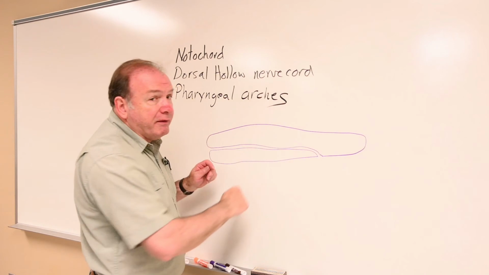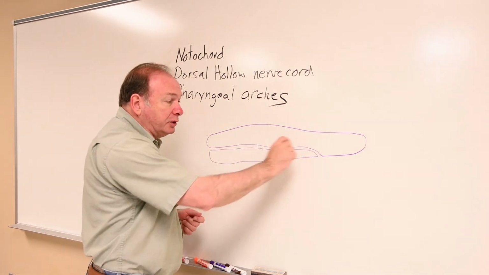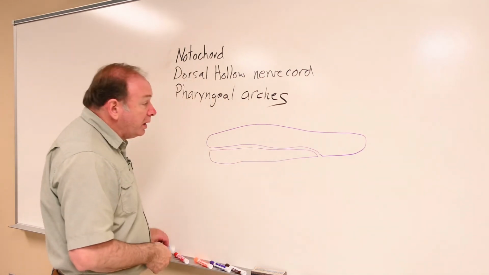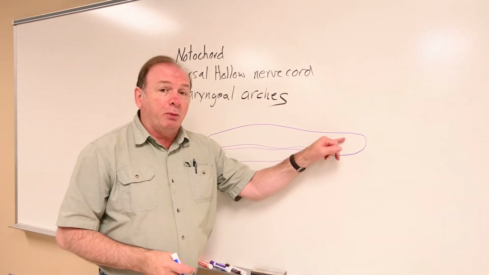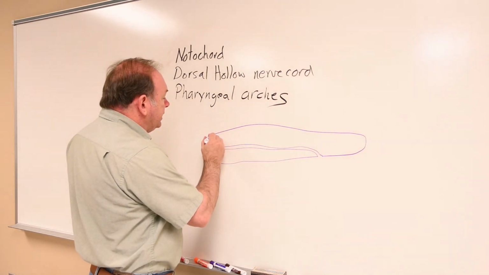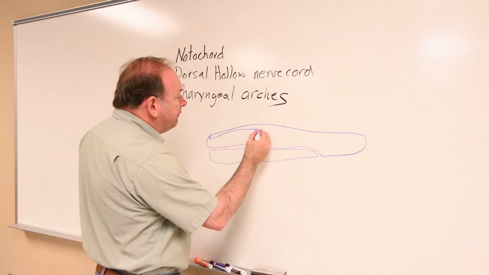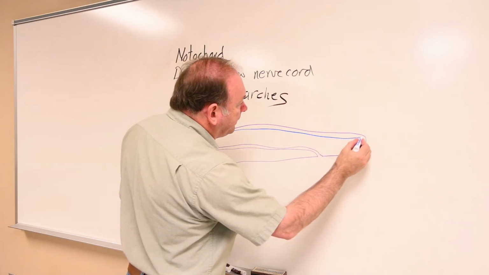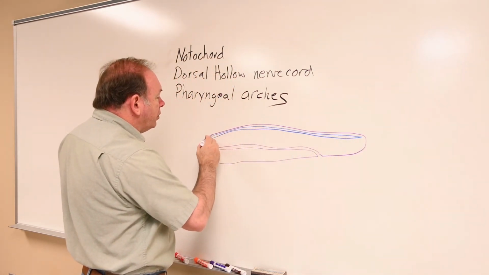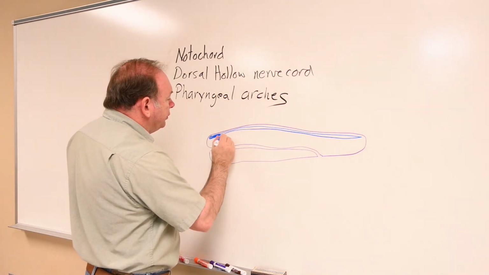On the outside we have ectoderm, in the gut tube we have endoderm, and between the two we have some mesoderm. Coming from the ectoderm right along the middle of the dorsal part of the body right here is the beginnings of the nerve cord. So in blue we have the nerve cord going through here.